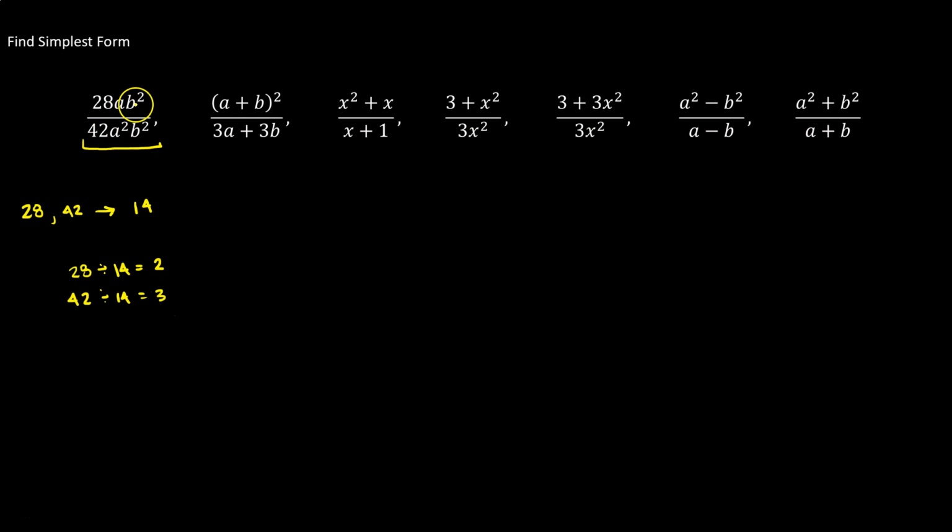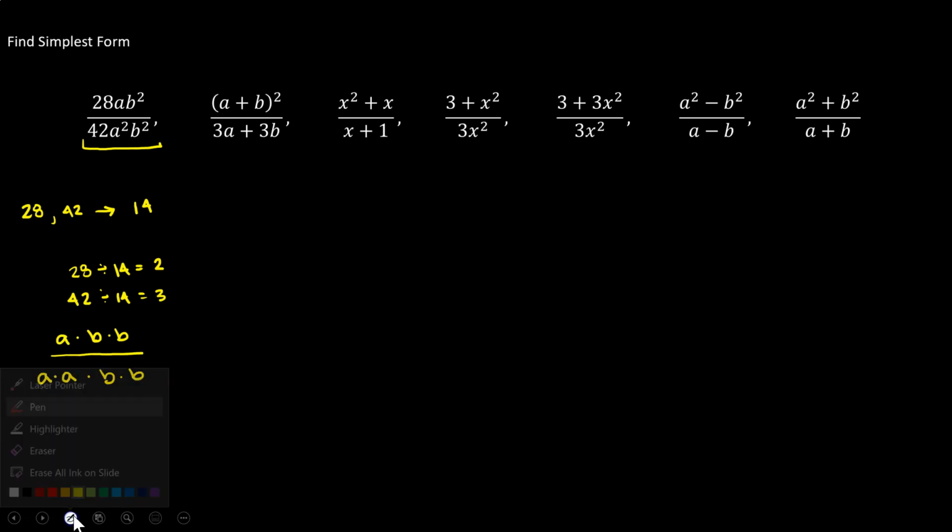respectively. And then we need to look at the factors of a and b. Now, if we have a times b squared, that's the same thing as a times b times b. And then if we have a squared, that's like a times a, and then b squared, that's b times b.